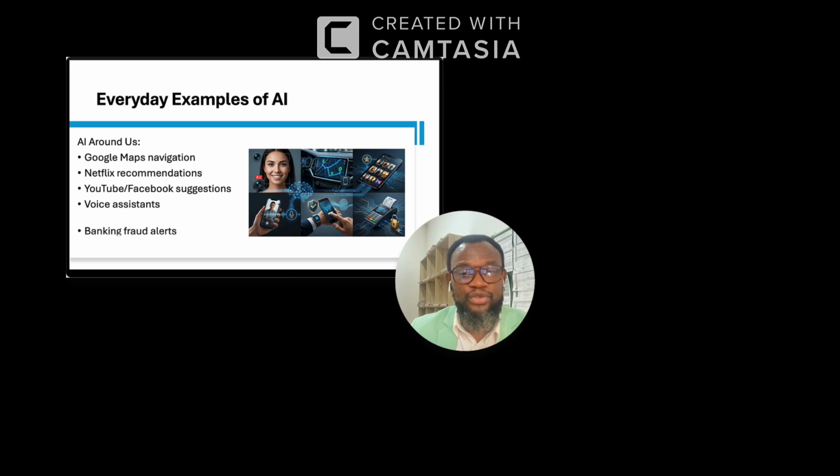Banks are able to detect suspicious transactions automatically because of AI. We have AI as voice assistants, translations and all of that. Now, all of these everyday examples of AI are systems that use data and intelligent algorithms to improve decision making.